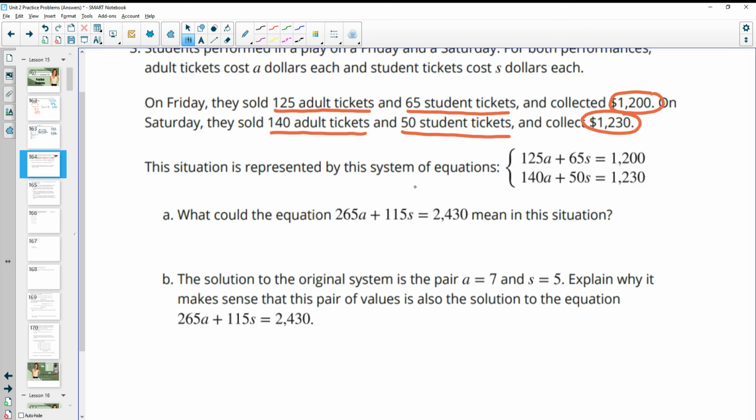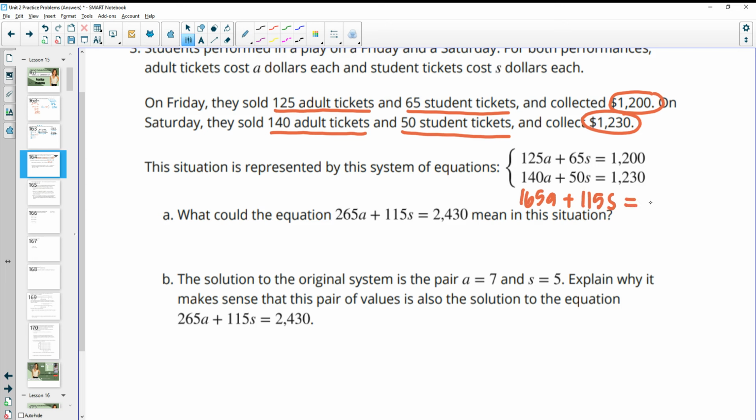So what could this equation mean? 265A plus 115S equals 2430. And if we look, 125 plus 140 gives us 265 adult tickets. 65 student tickets plus 50 student tickets gives us 115 total.